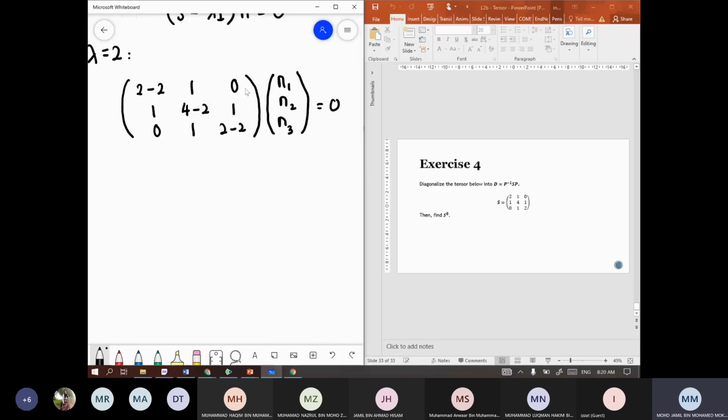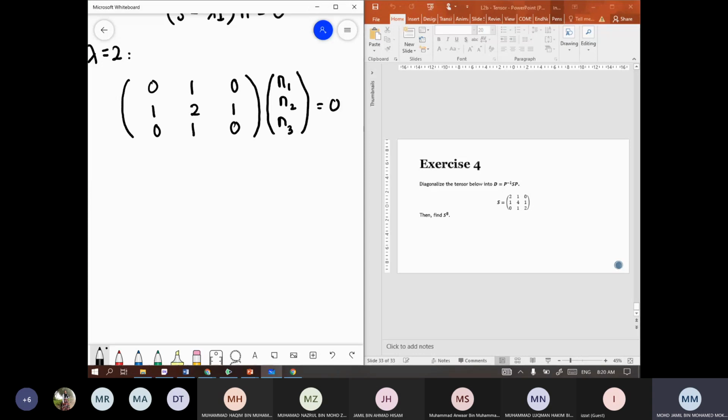Okay, then you can expand this by using matrix multiplication. So this becomes 0, 2 and 0 here.